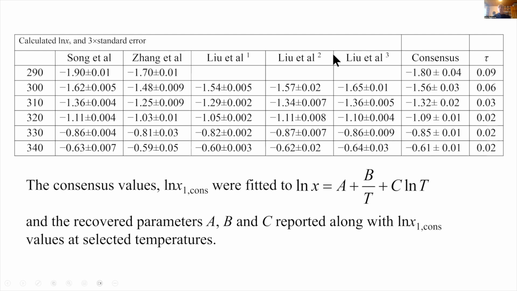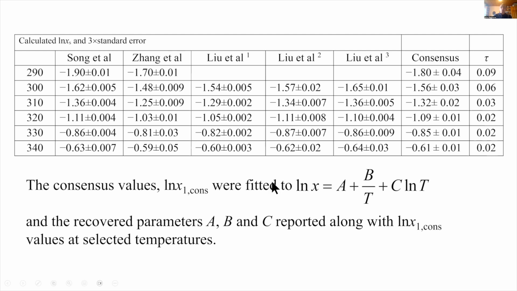So we've taken 5 data sets, we've included both the experimental scatter in each of these data sets and the inter-system or the systematic error among the data sets, and that's all included here in the consensus values. So statistically, we've done, well, what I'm led to believe is the right thing.